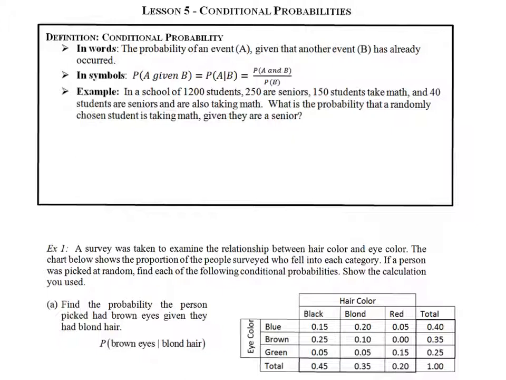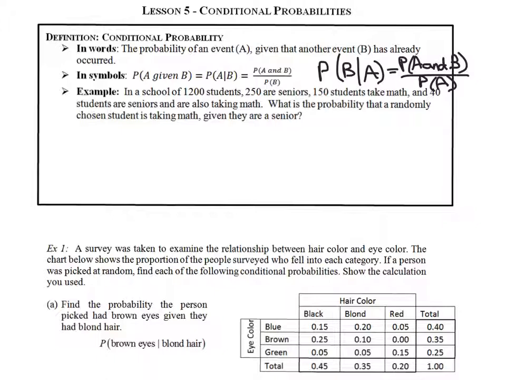Now, likewise, I could have said, what's the probability of B given A? And that's going to be written as the probability of A and B, or B and A, those are interchangeable, divided by the probability of A. So it depends what my given is and what probability I'm trying to find for the order in which I write this. Let's look at the example inside the box.